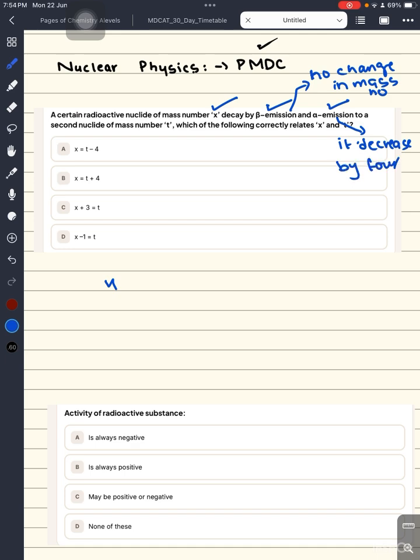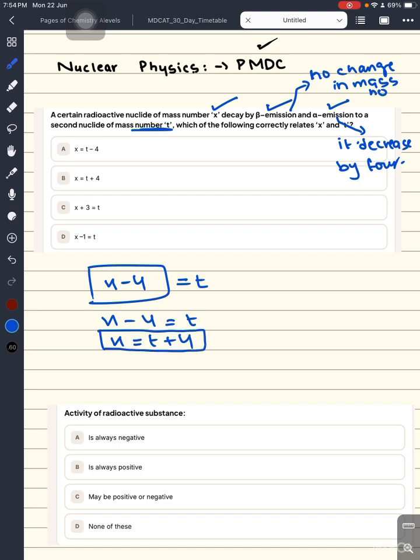So it will be x minus 4 to a second nuclide of mass number t. Which of the following correctly relates x and t? x minus 4 equals t, so x equals t plus 4. So option B will be correct.